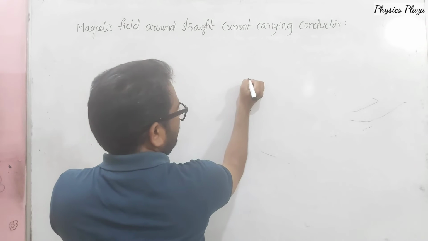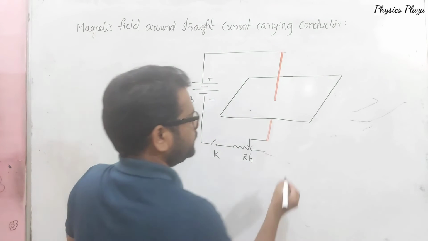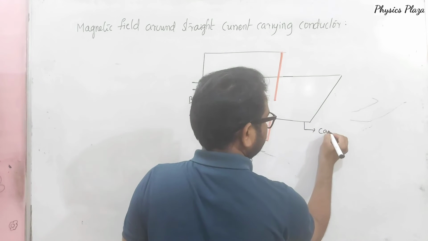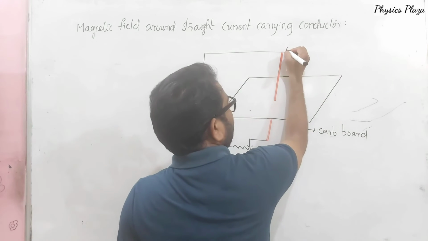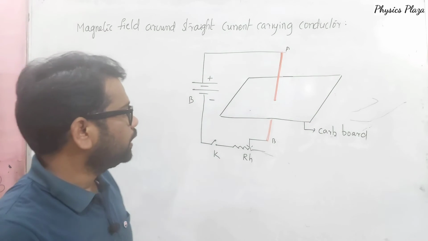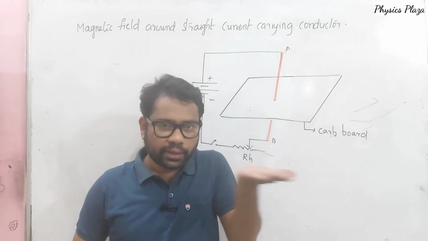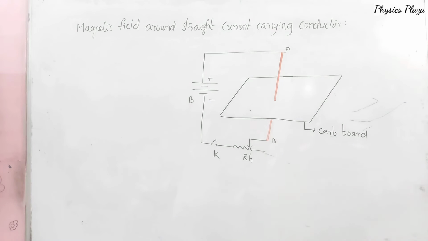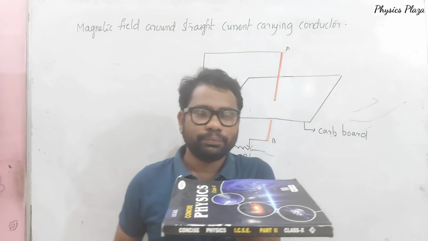Look here. This is an arrangement setup, and this is a cardboard. Here AB is our current carrying conductor, connected as shown in the figure. Just try to understand, for example, let me take a textbook here. Sorry, it is a cardboard.